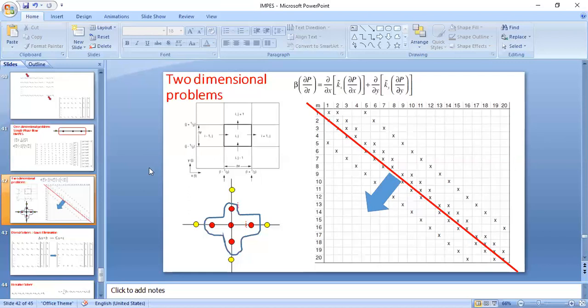You will get the pressure values. The only problem is the computational time. In case of a sparse matrix, it is not possible for us to locate where the entries are present.